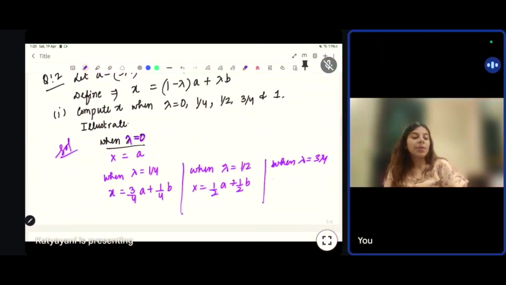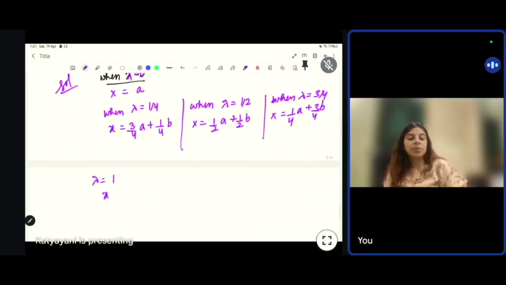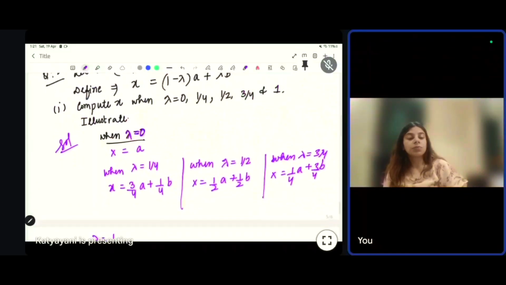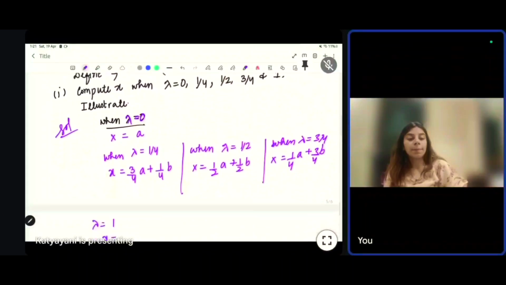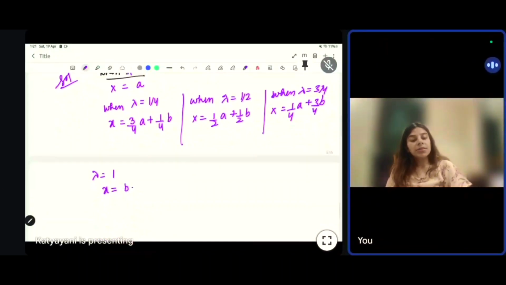And then when lambda takes a value 3 by 4, x becomes 1 by 4 times a plus 3 by 4 times b. And then when lambda takes a value 1, x becomes b, right?